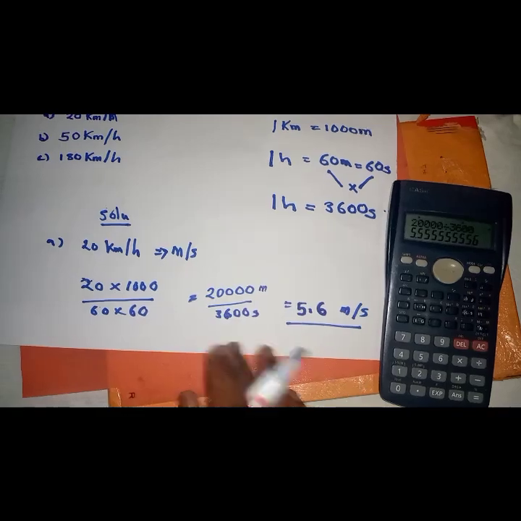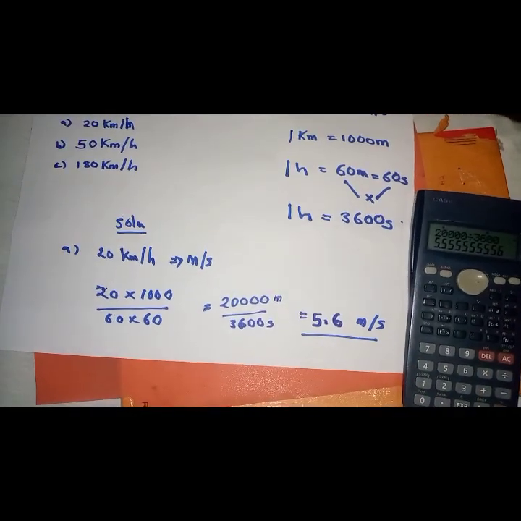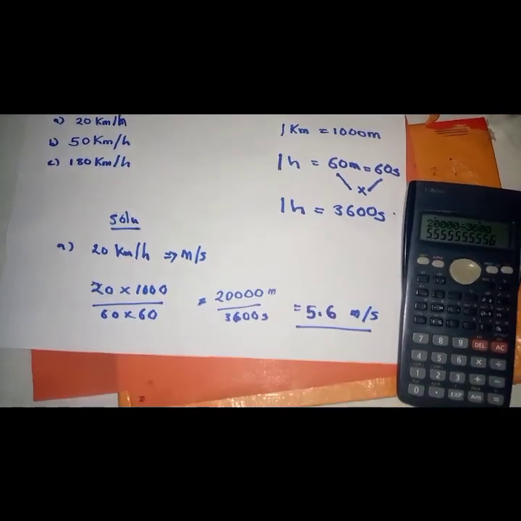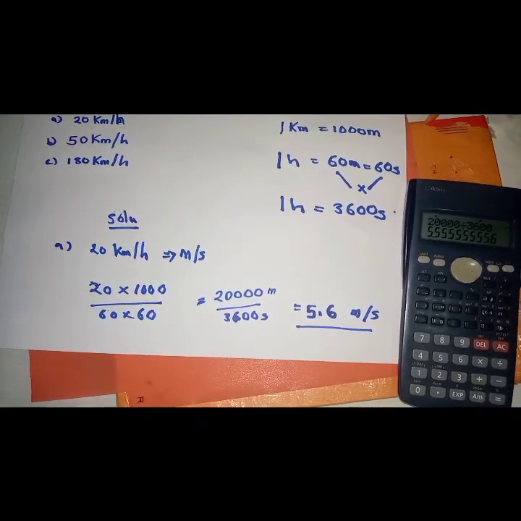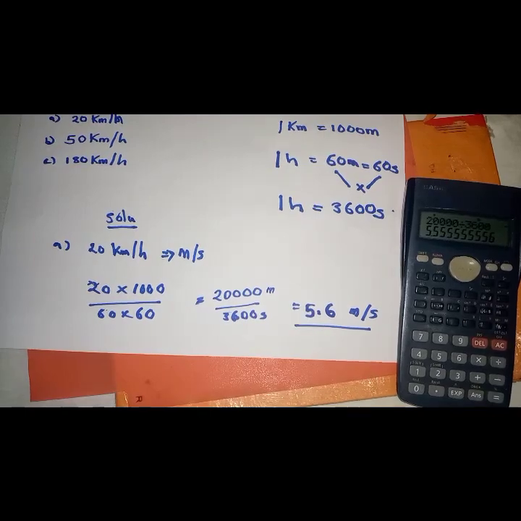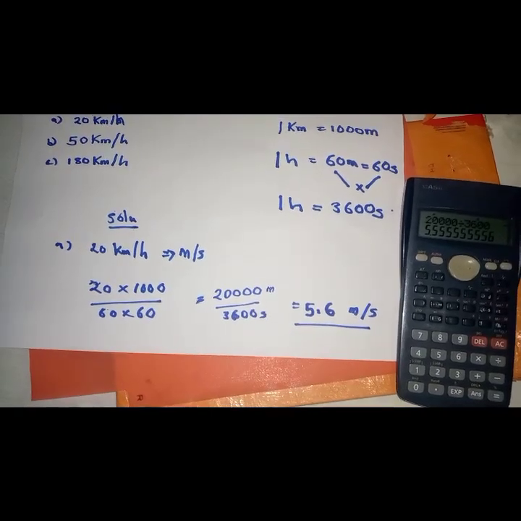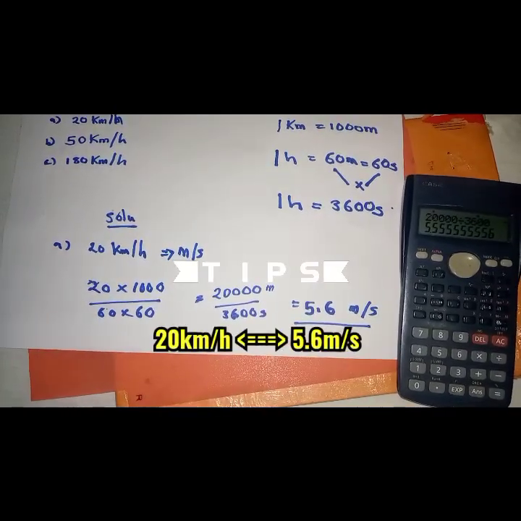So if we have an object that is moving at 20 kilometers per hour, that is covering the distance of 20 kilometers in 1 hour, it means it's actually covering a distance of about 5 meters in 1 second. That's what it means.